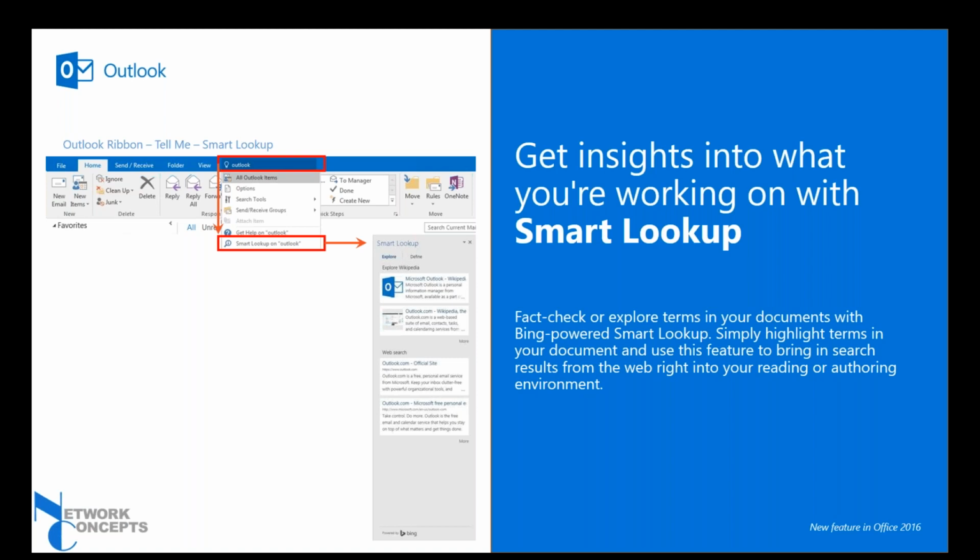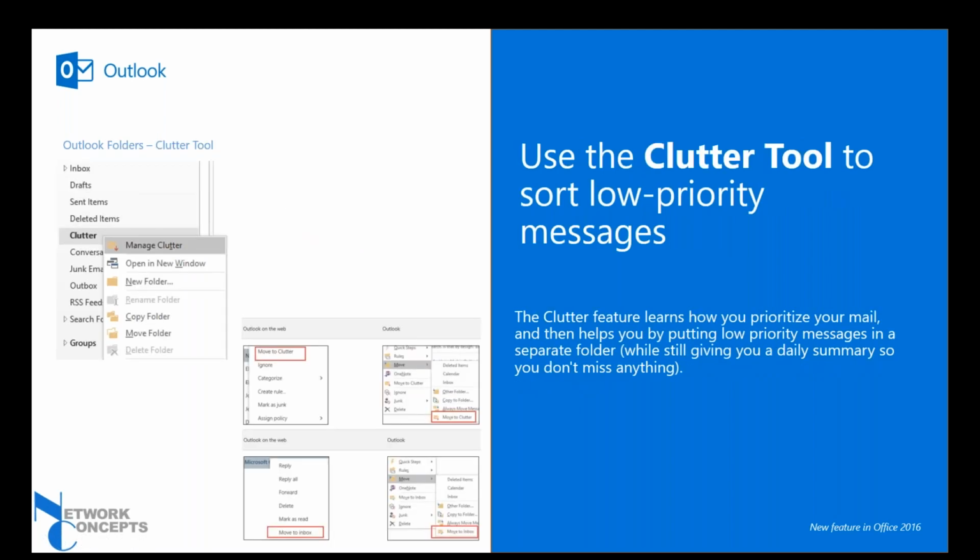I would hope that you would know what that is since we've talked about it a lot. But you can type that in and do a Smart Lookup, and on the side over here you would get some definition, and you might even get a wiki page, which is pretty cool. You don't even have to leave Outlook at all, and you can just quickly see that. Let's move on.